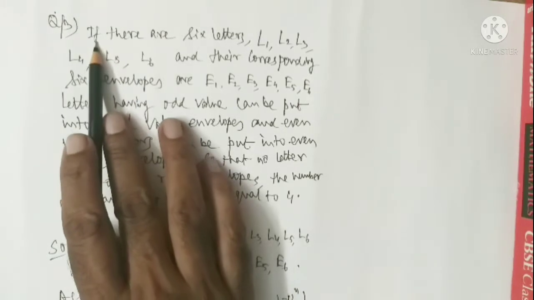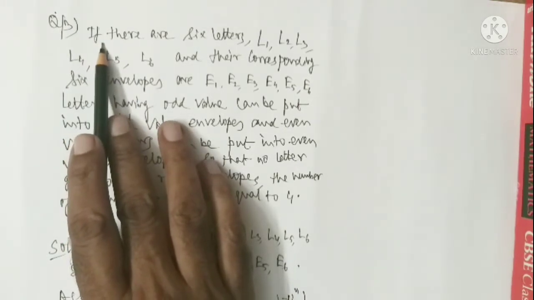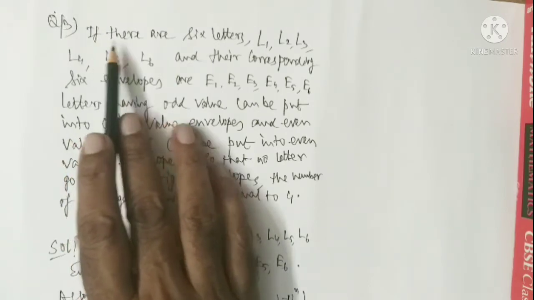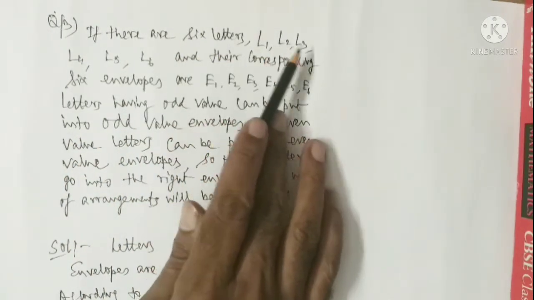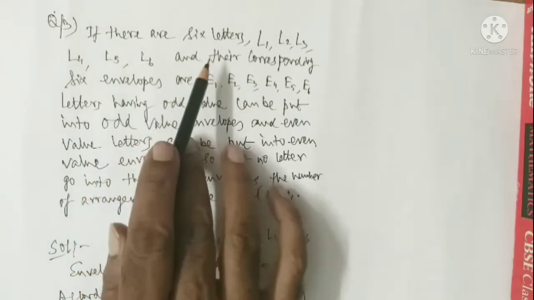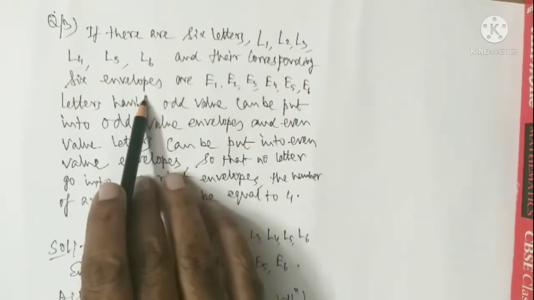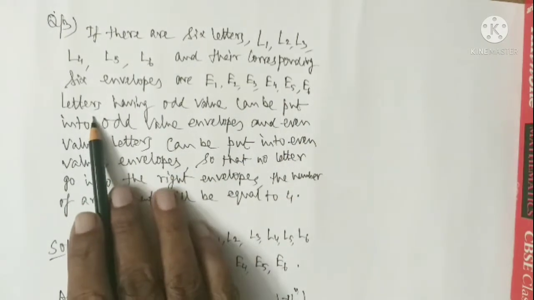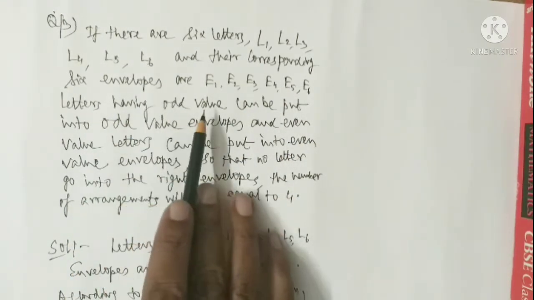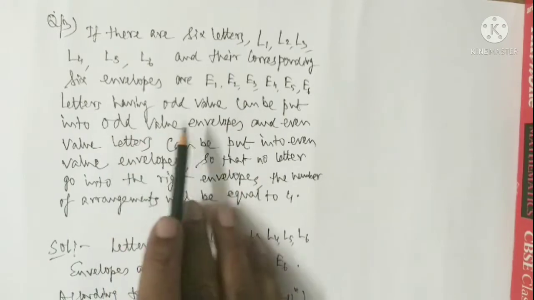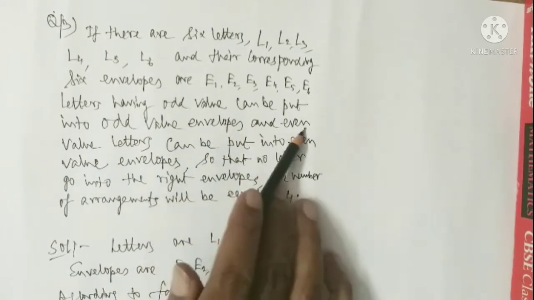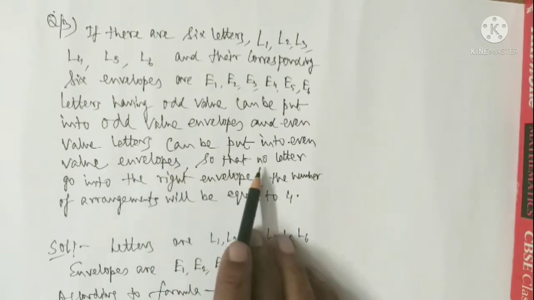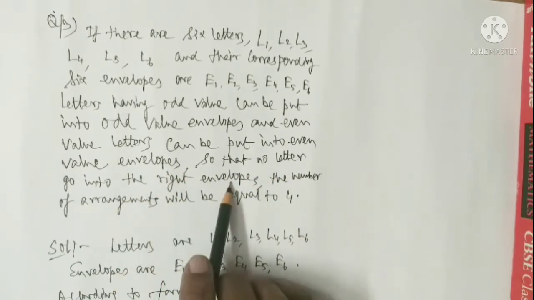Now we establish a problem on the basis of the letter envelope structure. There are 6 letters L1, L2, L3, L4, L5, L6 and their corresponding 6 envelopes E1, E2, E3, E4, E5, E6. Letters having odd value can be put into odd value envelopes and even value letters can be put into even value envelopes, so that no letter goes into the right envelope.